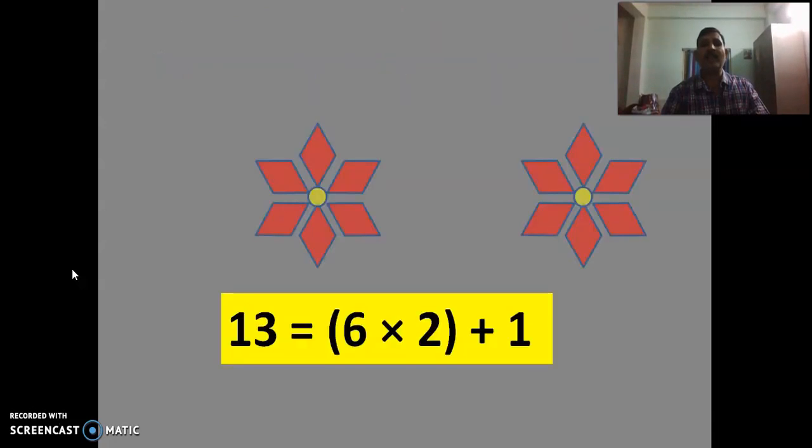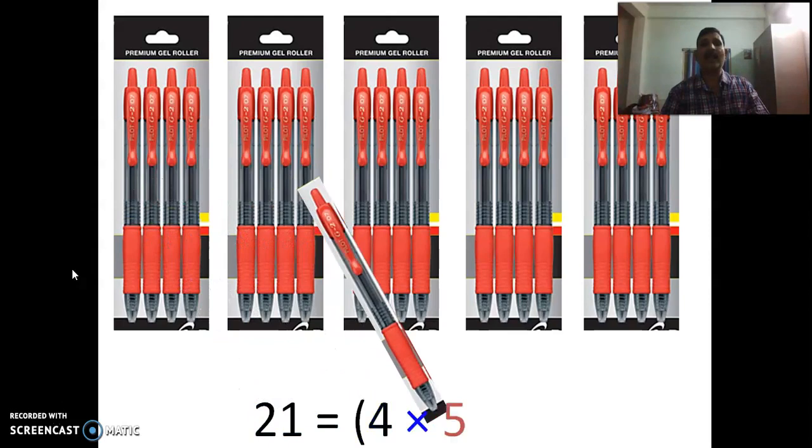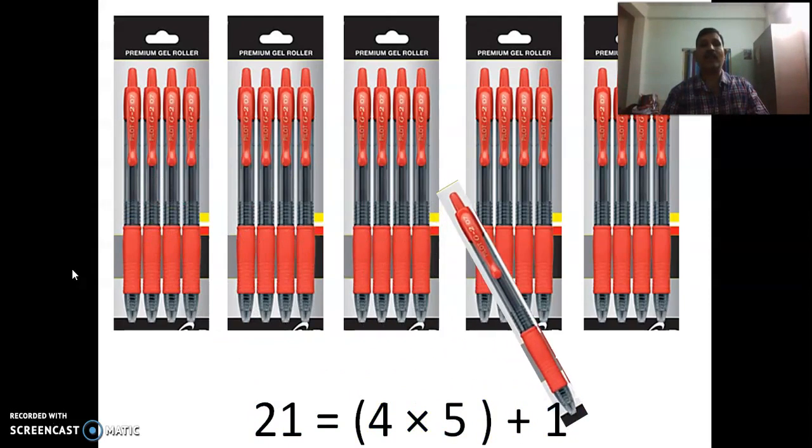Instead of 4, suppose 6 pieces are used for making each flower design, then we get 2 flower designs and 1 piece is left in this situation. Okay, now let us consider a few more general examples from our daily life. Suppose we have 4 ball pens in each packet and we bought 5 packets and 1 pen extra. Then what is the total number of pens we bought? 21. So 4 into 5 plus 1.